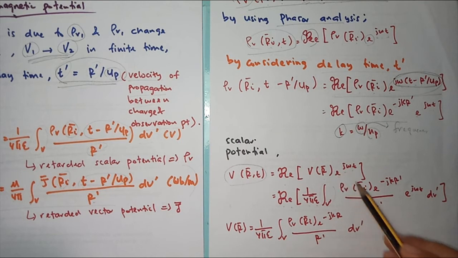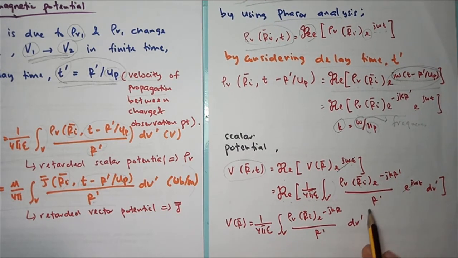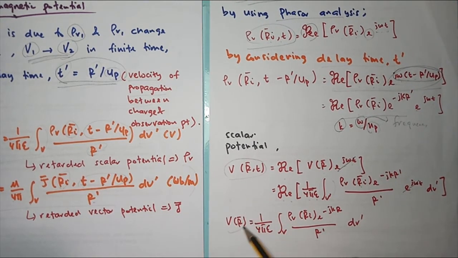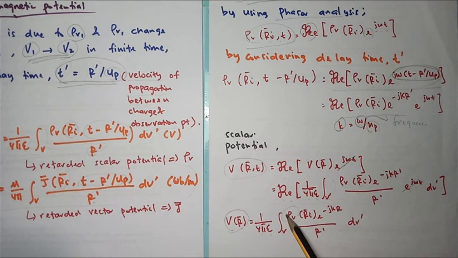If we consider both equations, we can cancel out this expression. In the end, we will have the expression for the potential. If we consider rho v in a sinusoidal equation, we have V of r equal to 1 divided by 4 pi epsilon, volume integration of rho v of Ri, exponential minus j k r, divided by r prime dv.